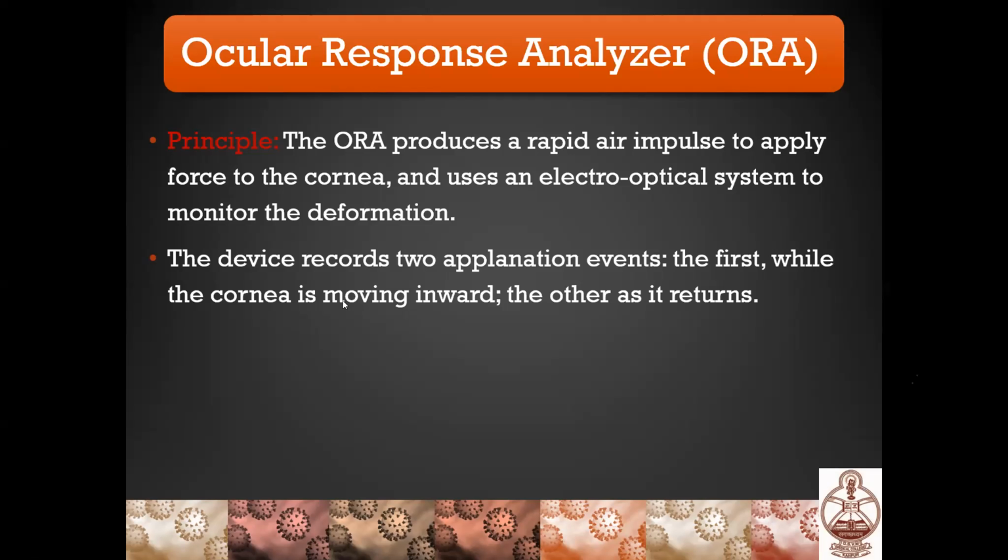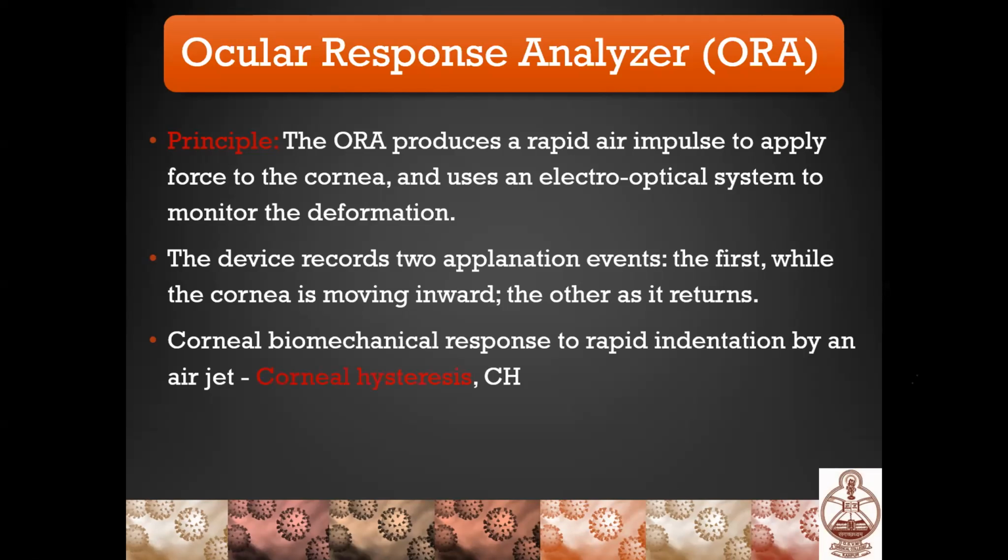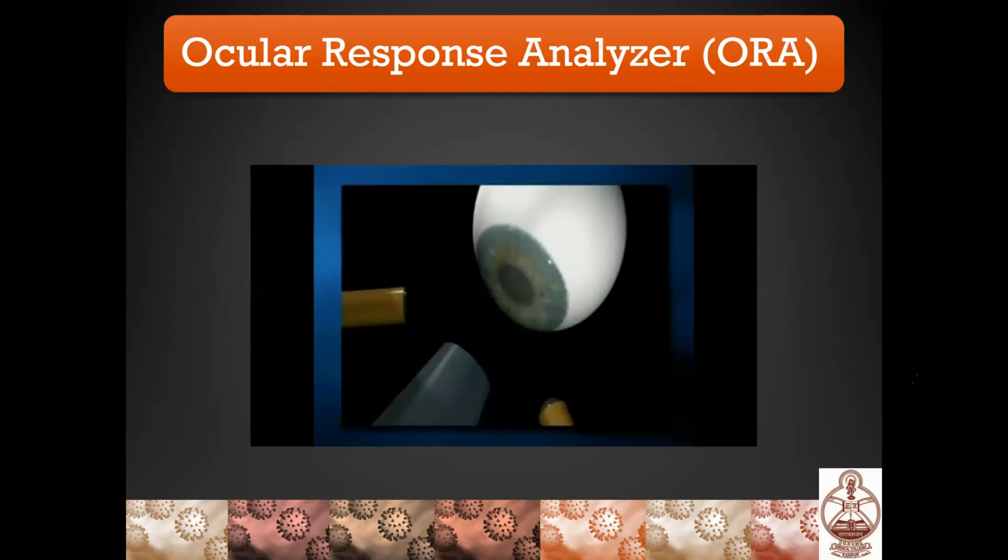This device records applanation at two events: first, when the cornea is moving inward by the pressure jet, and then when it is coming out. The corneal biomechanical response to this rapid indentation by the air jet is measured, and that is known as corneal hysteresis. Here is a small video to show how this works.